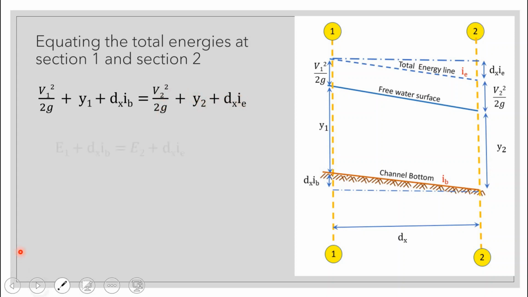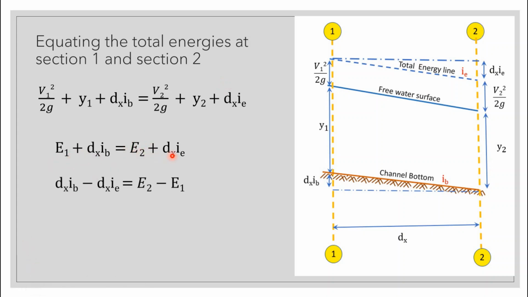Now we know v1 square by 2g plus y1 is the specific energy at section 1, so I am substituting it with E1, and v2 square by 2g plus y2 is the specific energy at section 2, so I am writing it as E2. Then I am taking all the components of dx to the left hand side and specific energies to the right hand side.